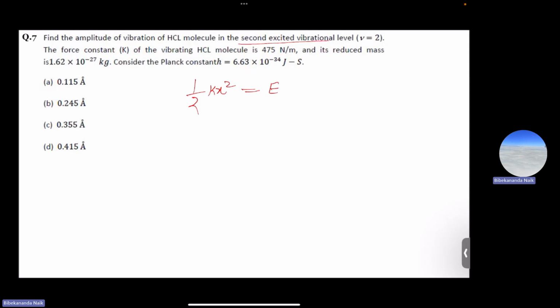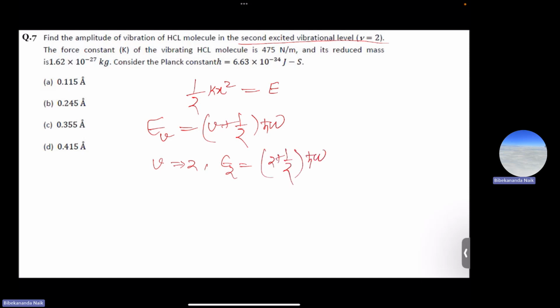It is the second excited vibrational level, and E_v equals v plus half h cross omega, or v equals 2, E2 equals 2 plus half h cross omega, which is 5 by 2 h cross omega. Now this 1 by 2 kx square is equal to 5 by 2 h cross omega.